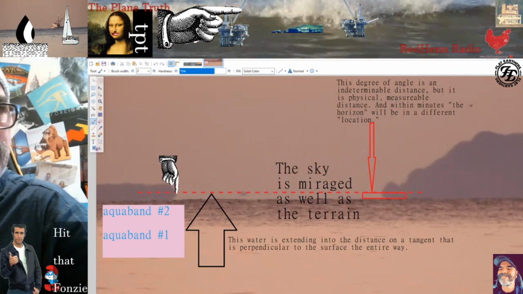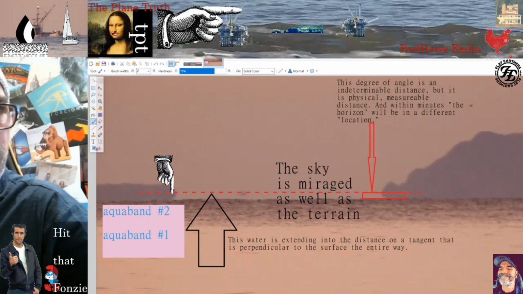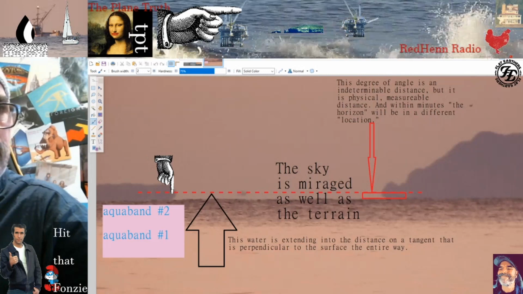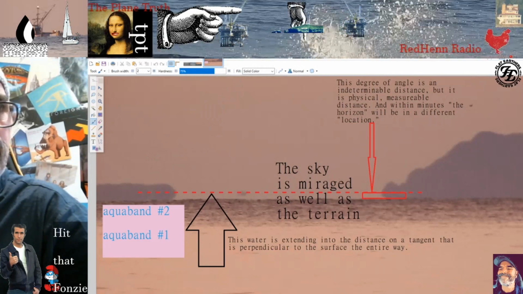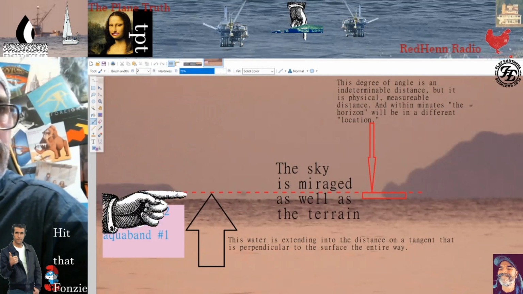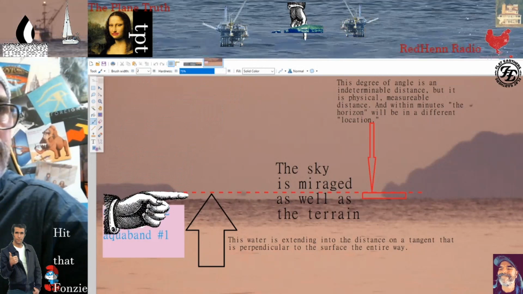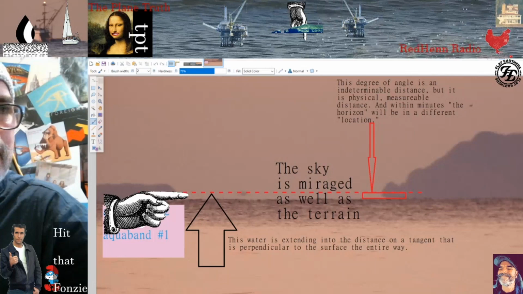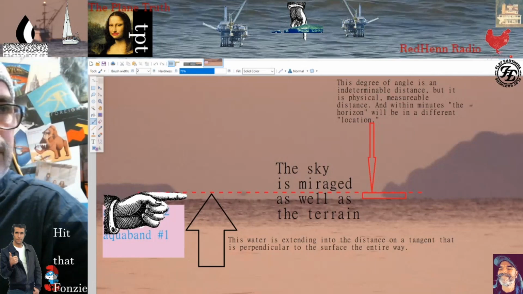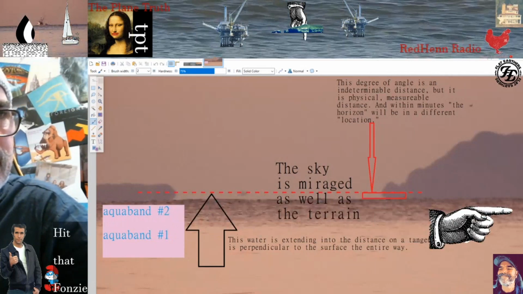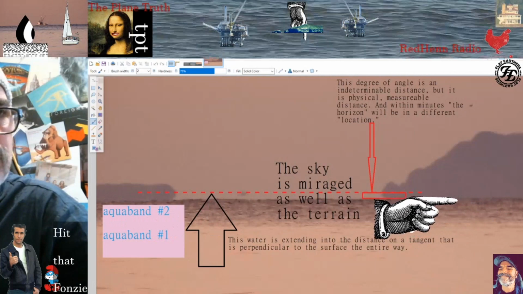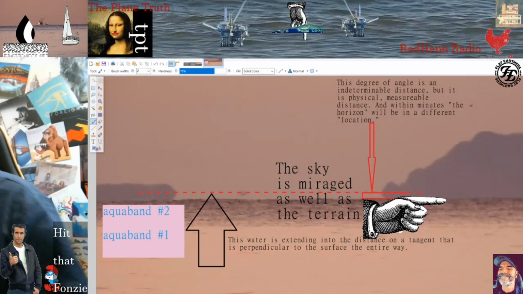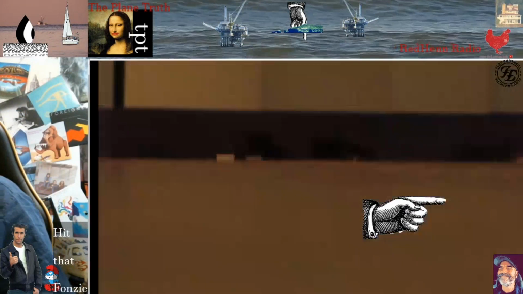This is an inferior mirage right here. So now that degree is representative not in feet, but in miles. This is now the same as the floor that we're looking at in SKYFREE's image.